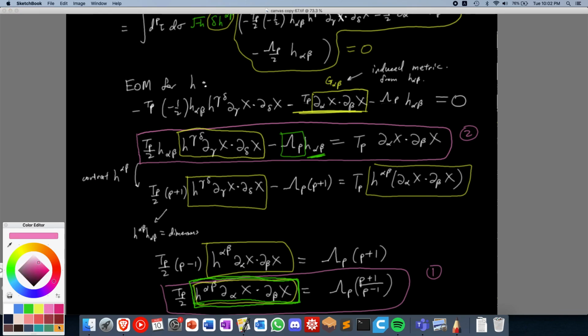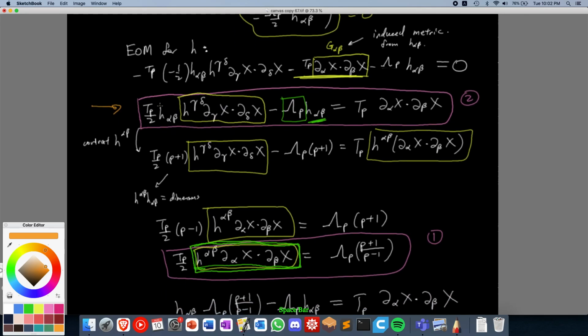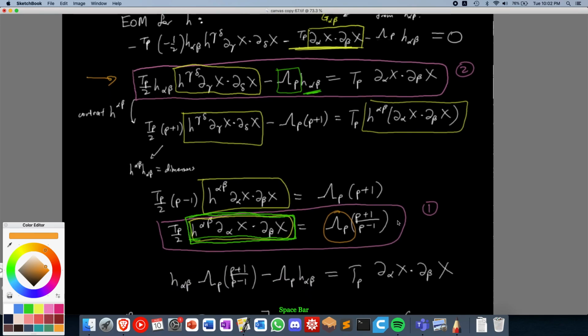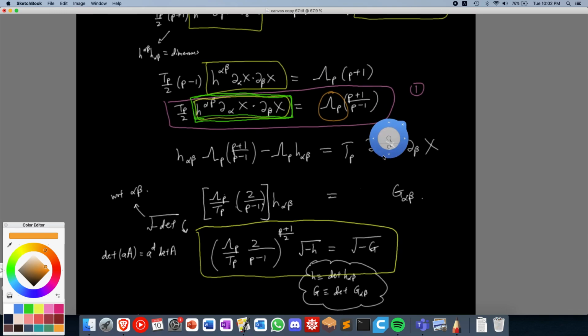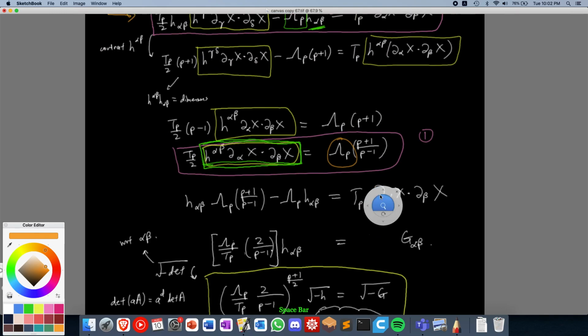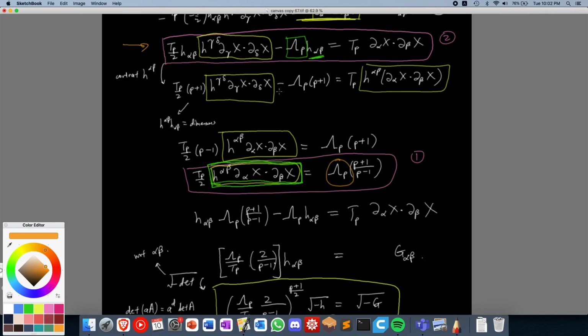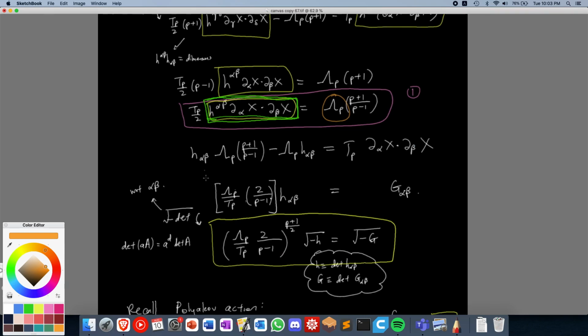After arriving at the equation of motion, we then proceeded to contract indices with the metric in order to find the cosmological constant and express it in terms of this term. Then from there we substituted it back into the equation of motion in order to obtain this equation.